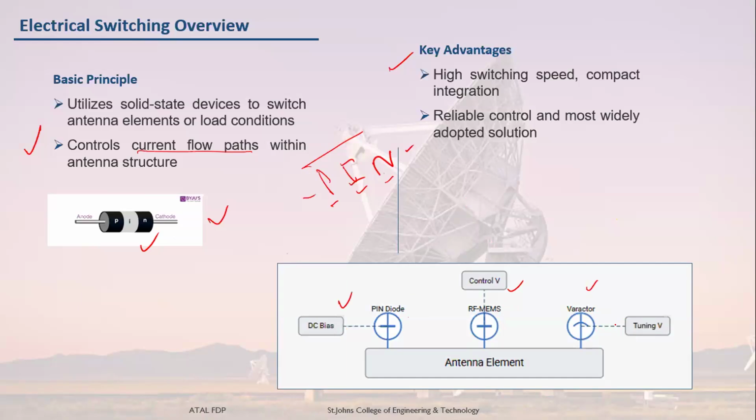So by changing the voltage, the capacitance changes. When capacitance changes, the frequency of operation changes. We will see a little later, when the varactor diode is loaded onto the patch, how it changes the frequency. Wonderful concept, the varactor diode.